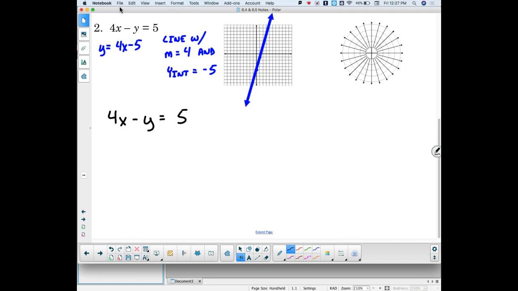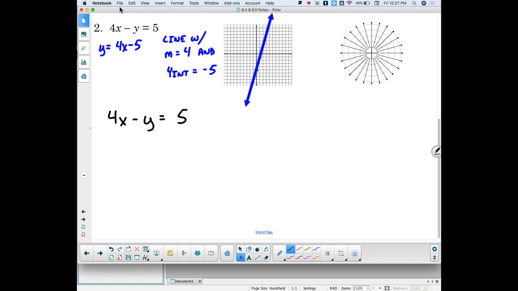So, what can I do? Here, 4x minus y. Tools in my toolbox. And then I have to solve it for r. x might be equal to something in my toolbox. y might be equal to something in my toolbox.